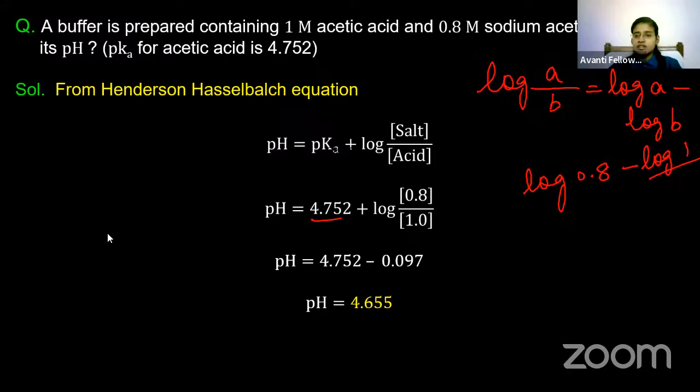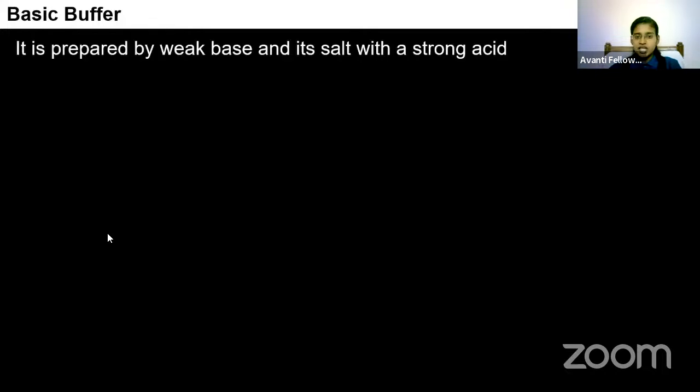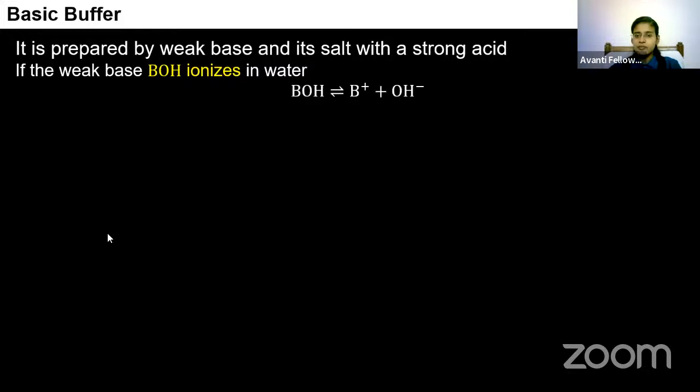Okay. Basic buffer. So what is a basic buffer? It is prepared by mixing a weak base and its salt with the strong acid, right? If a weak base with the formula BOH ionizes in water, it will produce B plus ion and OH minus ion.